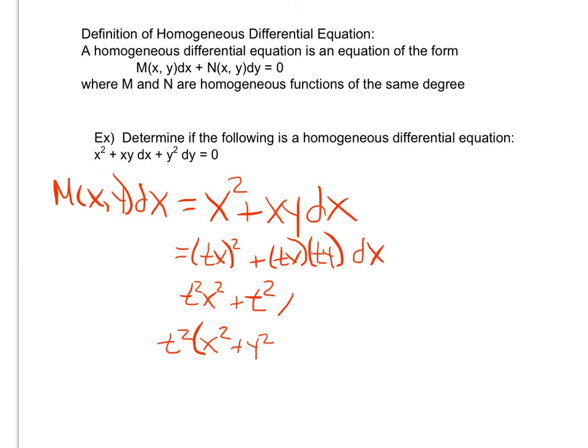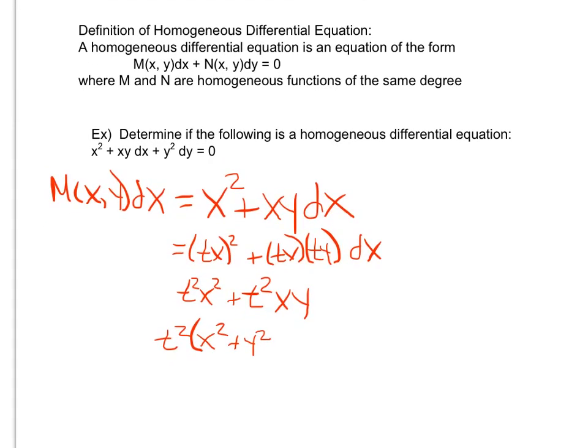That's an x and a y, so it's t squared xy, which gives me here, after factoring out my t squared, x squared plus xy dx. So notice that I do match there, so this is homogeneous.